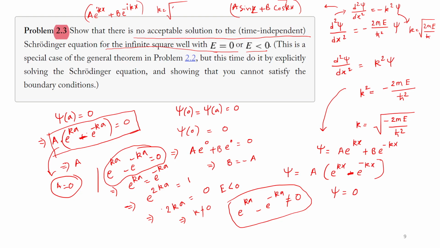Here kappa is root 2mE by h cut square, and here the minus is there. So there is some difference due to that. I am not yet able to fully grasp that. When I do, I will tell you. Before taking a e to the power kx plus b e to the power minus kx, I was also thinking about that.